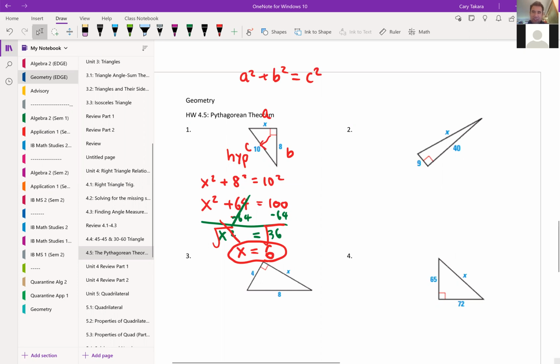Okay, so first we identify the hypotenuse because that's going to be C. X is the hypotenuse. That means 9 and 40 are A and B. Okay, is that how you set it up? That means 9 squared plus 40 squared equals X squared.